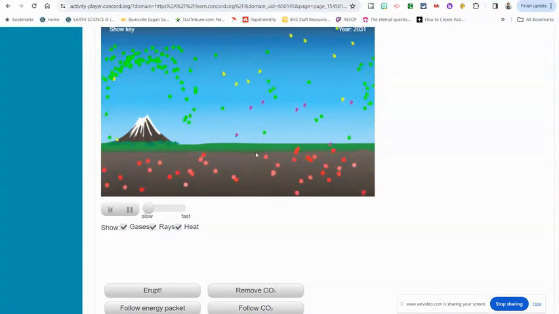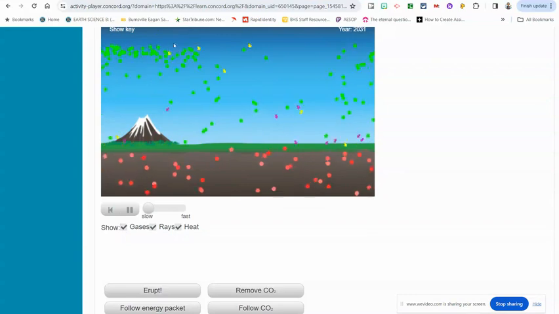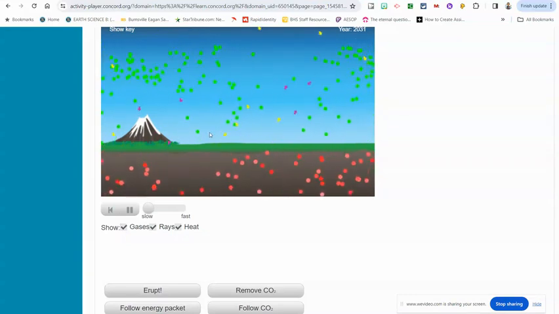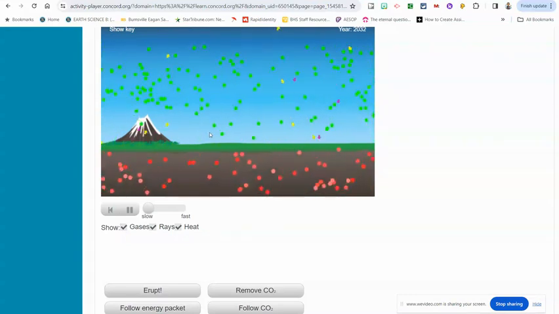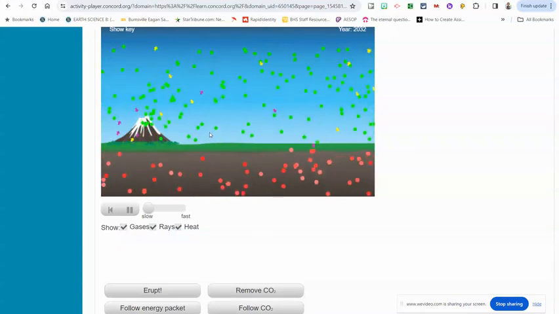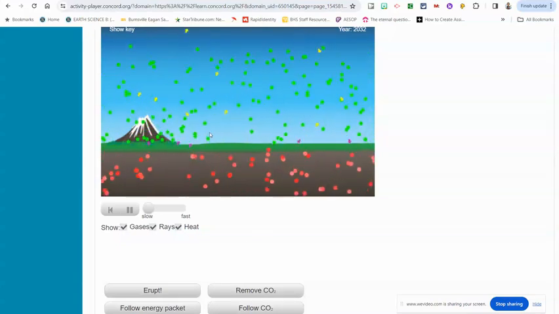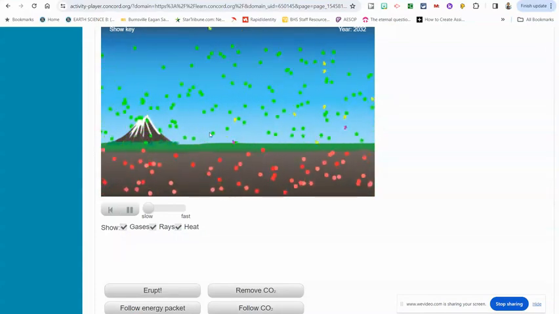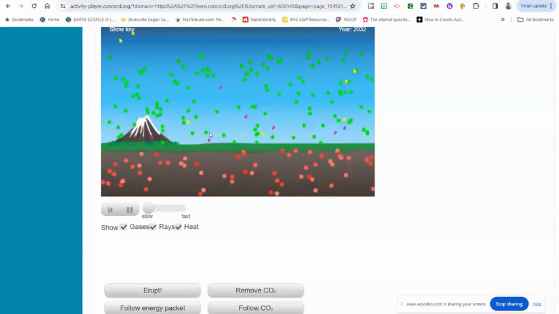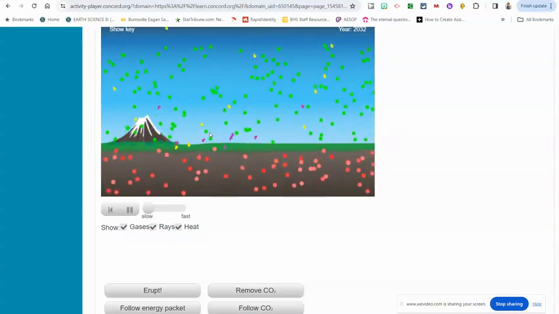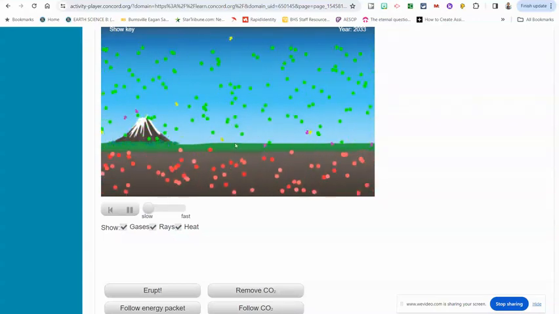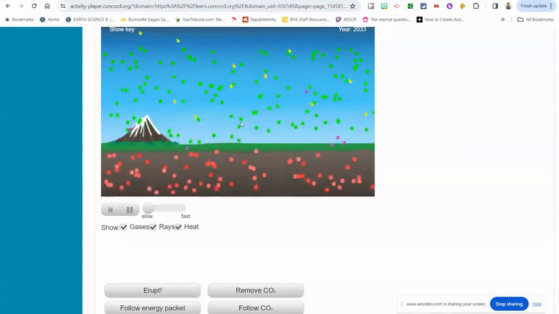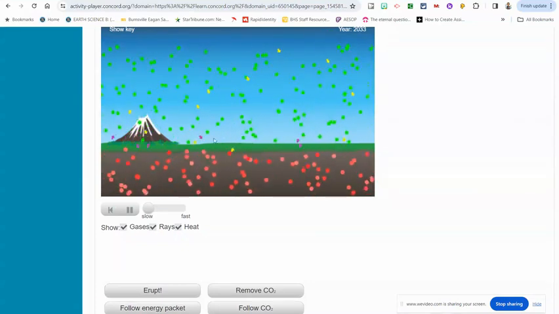Now, if you take a look, the solar radiation is not affected by the carbon dioxide. What I mean to say is visible light, solar radiation, is not reflected or absorbed by greenhouse gases. But what is reflected or absorbed is the purple arrows, and that is the infrared.